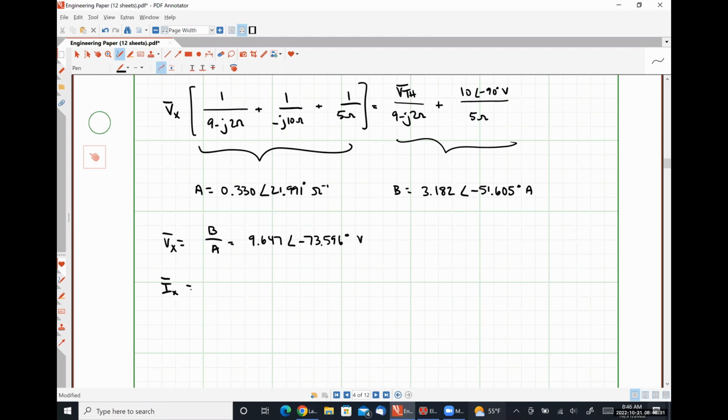And the current Ix that we're looking for is Vx over negative J10. Comes out to be 0.965 angle positive 16.404 degrees.